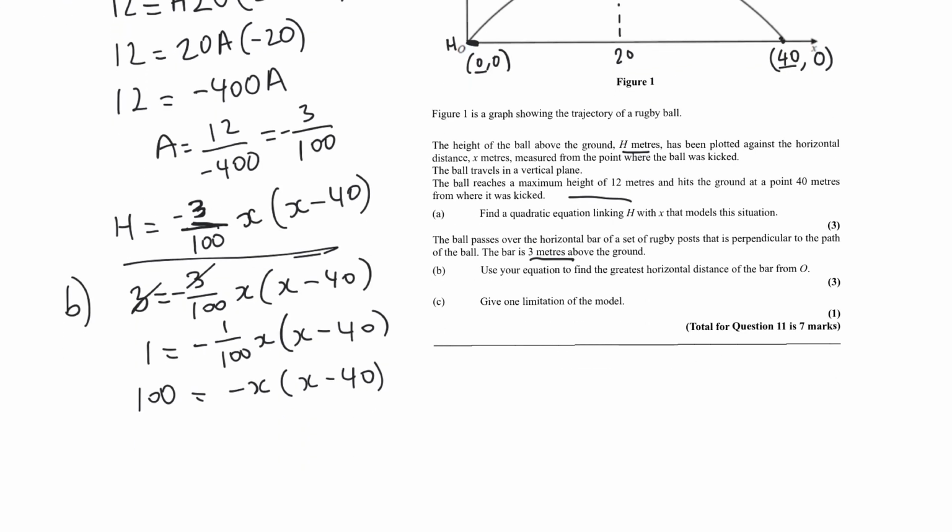So now you've got 100 is equal to minus x squared plus 40x. And then we can complete the square.